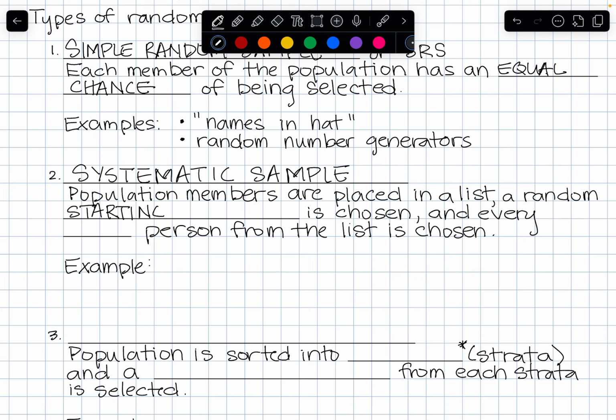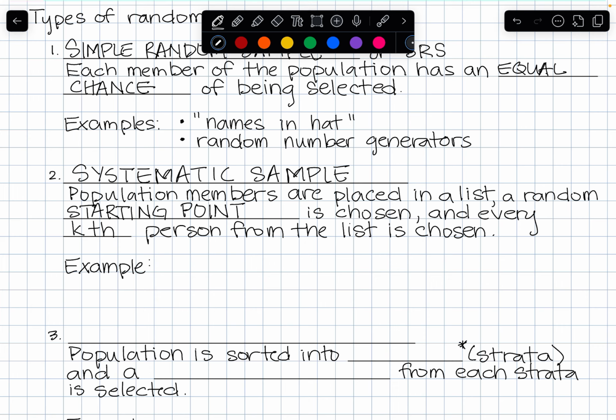Because I don't just want to start with the top of the list, that's going to give a bias towards people whose last name starts with A, or who have the youngest age, or have the lowest value of whatever it is that we're measuring. So we would use a random number generator to choose a random starting point in that list. And then every kth person from the list is chosen.